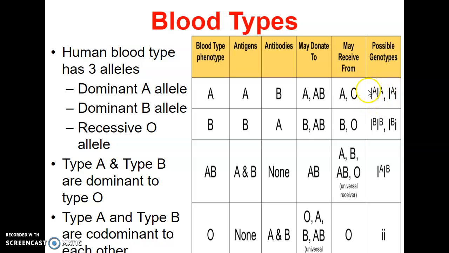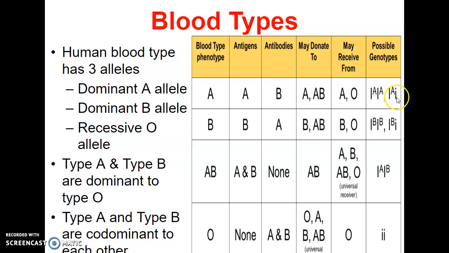One allele, IA, came from mom. The other capital IA came from dad. I stands for isoagglutinogen, and that's just the simple antigen that's on the red blood cell or the type of blood it is. So that's homozygous A, I capital A, I capital A.